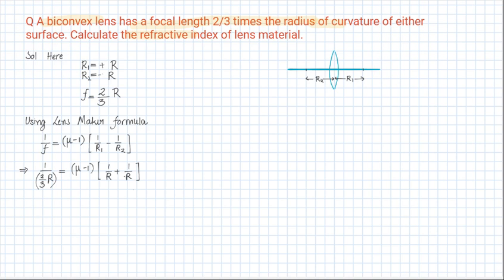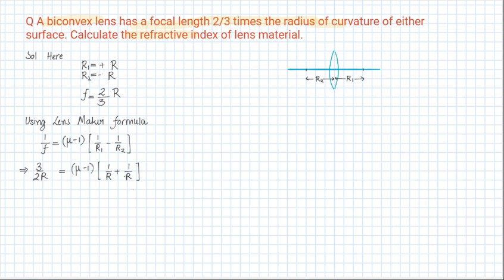Next, see, this is 2r by 3. This 3 is in the denominator, so this 3 should go to the numerator. In that case I can write this one as 3 by 2r.